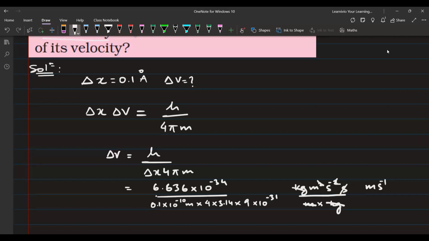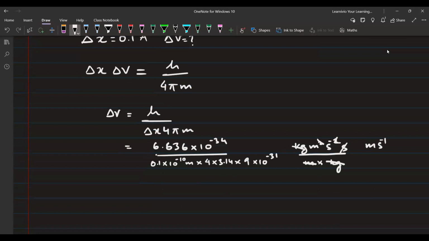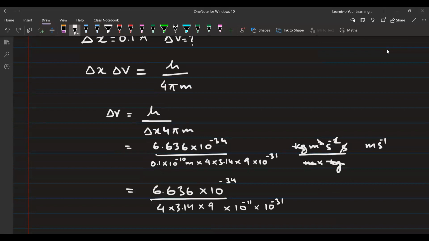Calculate the value. Let me help you a bit. 6.636 into 10 to the power minus 34, divided by, let me plug in the numbers here, 4 into 3.14 into 9. And in the denominator, what are the powers? 0.1 into 10 to the power minus 10, this will be 10 to the power minus 11, into 10 to the power minus 31.